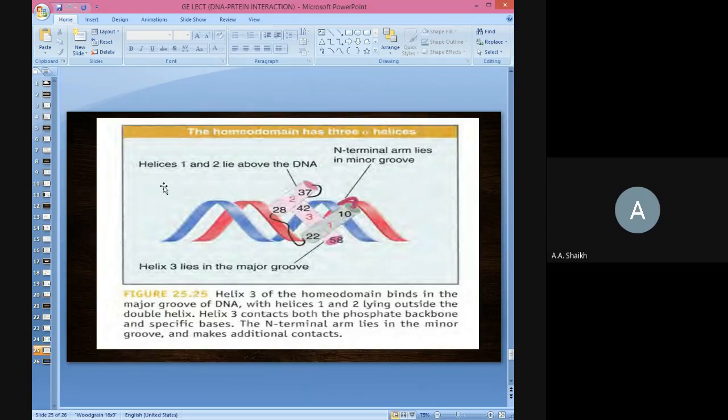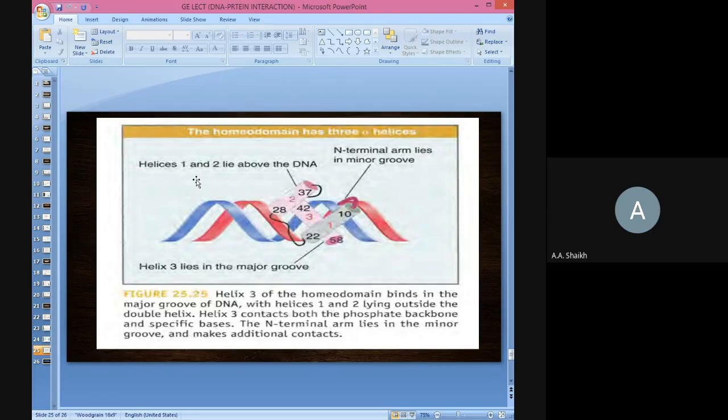In this, the third helix is going to interact with the major groove of the DNA. Of the total 3 helices, helix number 3 interacts with the major groove, and the first and second helices attach to the DNA molecule or interact with a specific DNA sequence or region.